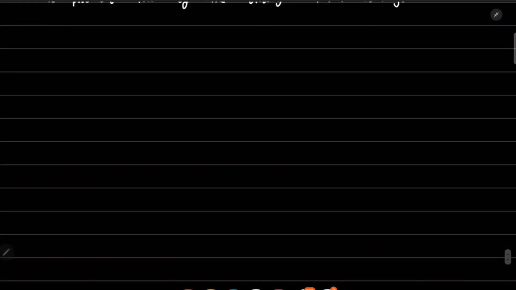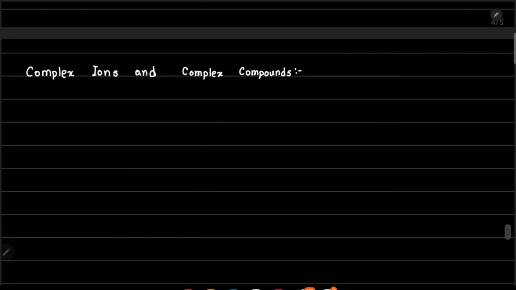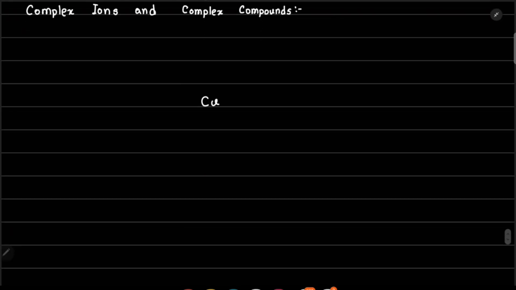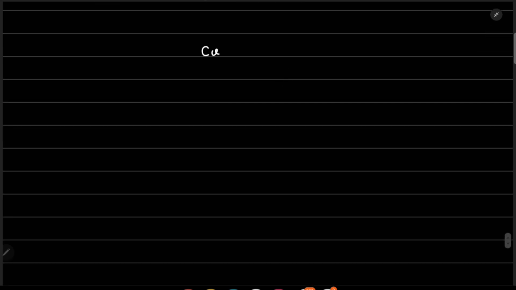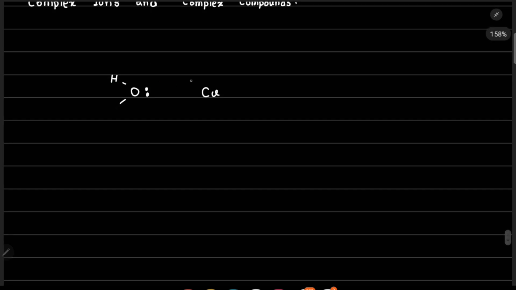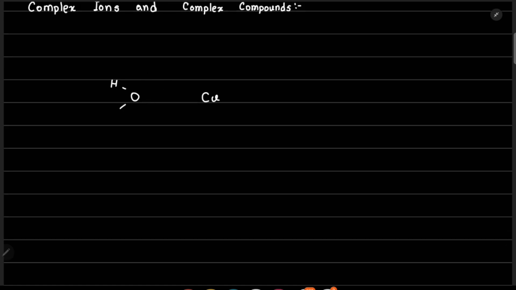Now from here, we'll move on to complex ions and compounds. The special thing about complex ions is that they form dative covalent bonds. So a transition metal is in the middle, and lone pairs from other molecules such as hydroxide or water come and fill an empty 3d orbital of copper and form a dative covalent bond with it.